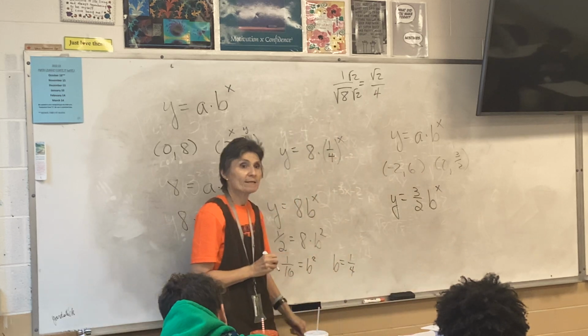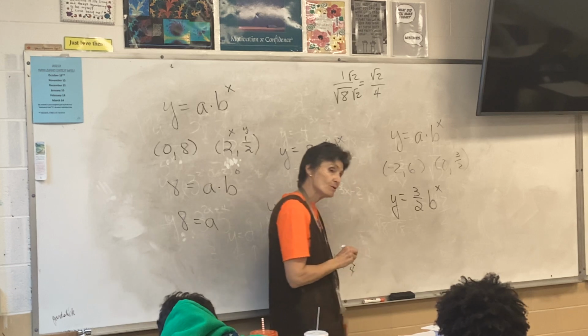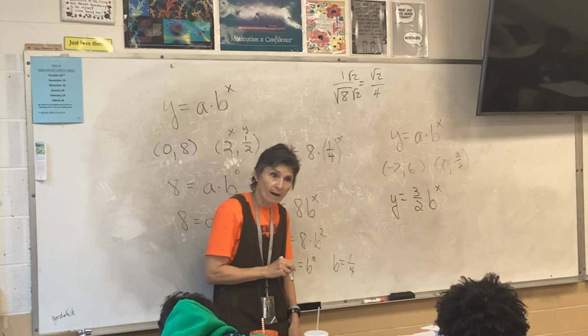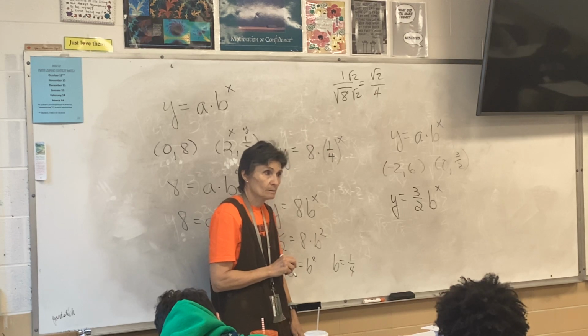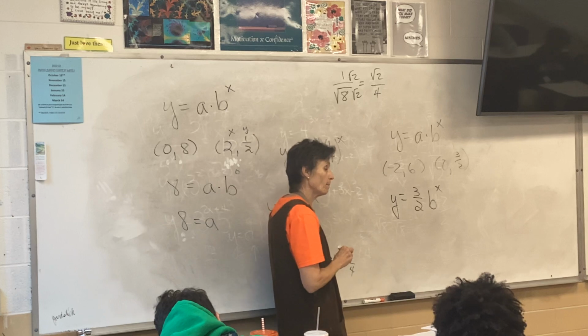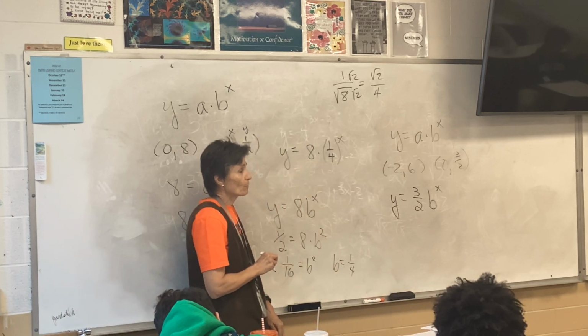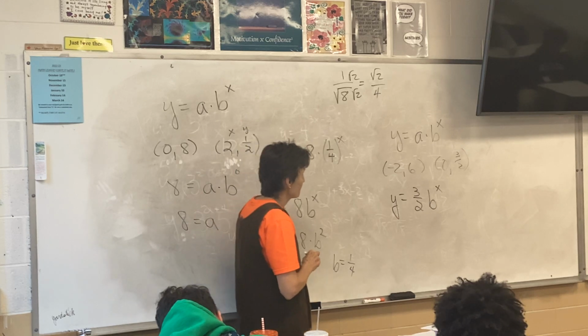Did anybody go straight to that? Because what do we know about our initial value? It's the y-intercept. We're going to be doing some word problems with these folks. Remember, your initial value is your y-intercept.